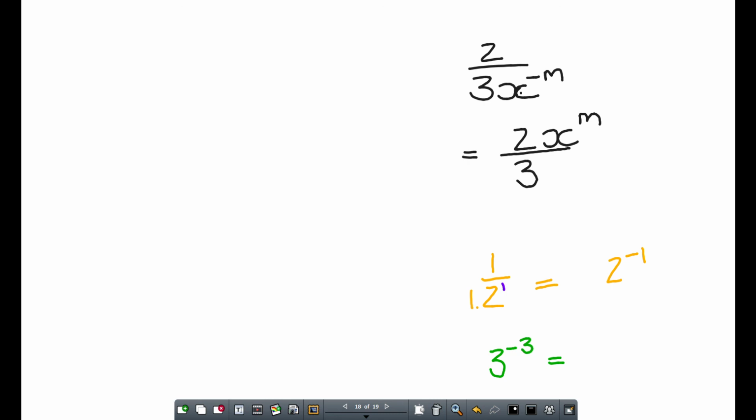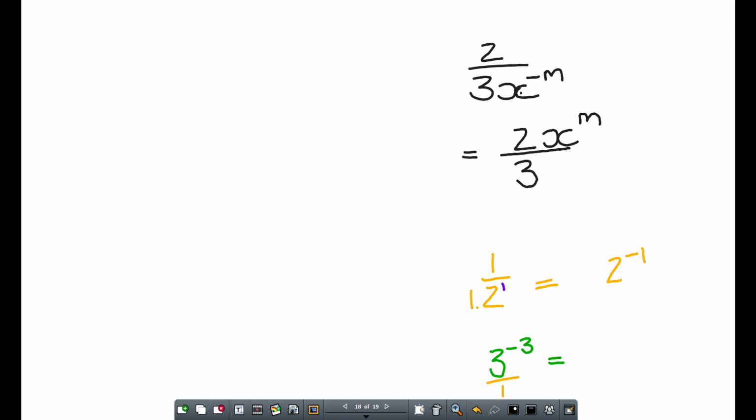Okay, so first things first, this is the same as 3 to the power of minus 3 over 1. No? Now, when we want to change that exponent, because I want to make it positive, I'm going to take the base and the exponent, and I'm going to move it to the bottom.